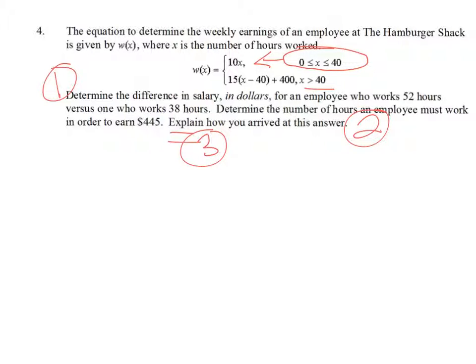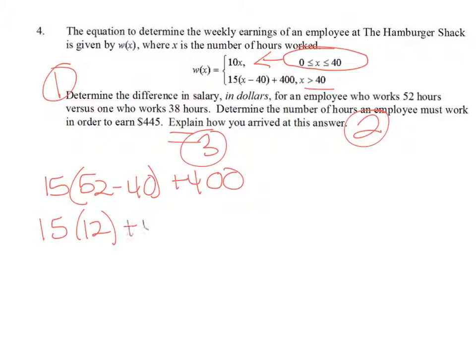So for the first one, an employee who works 52 hours is going to be substituted into the second equation, because the domain is given as x is greater than 40. So 15 times the difference of 52 minus 40 plus 400. And I get 15 times 12 plus 400, which is $580.